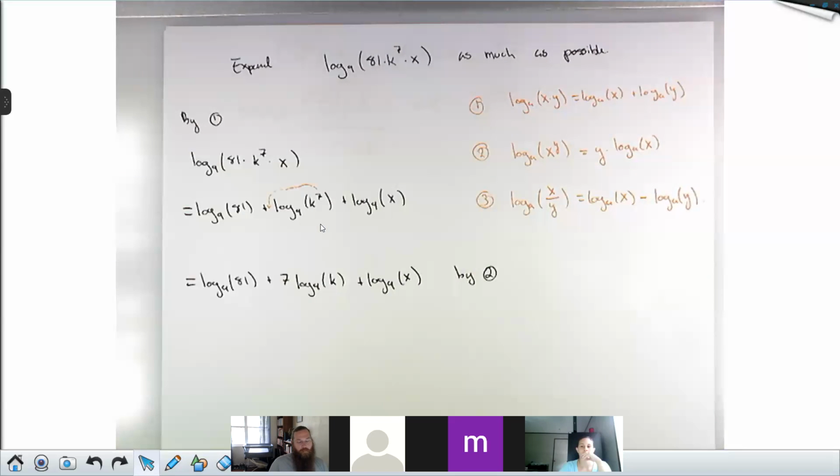That's the property that makes logarithms so useful for solving exponential equations: when you take logs, the exponent can come down. Does anybody see anything else we can do here?